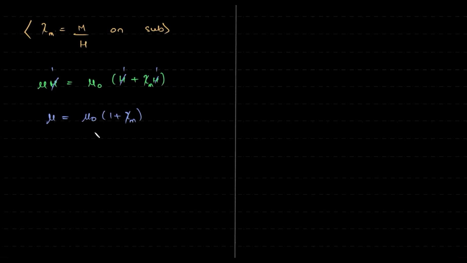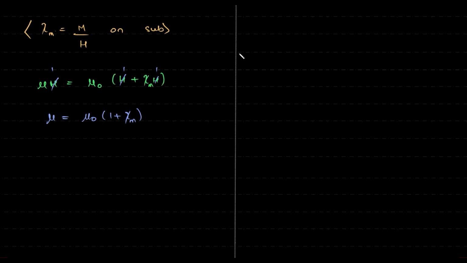So the material's permeability is related to susceptibility, but not quite linearly. I mean, it is linear also, but not exactly. It's not one to one over here, right? One increase will not lead to one increase over here. There's something else. The factors are different.